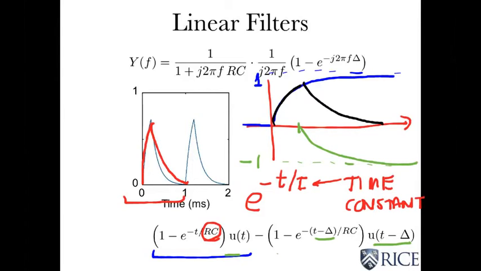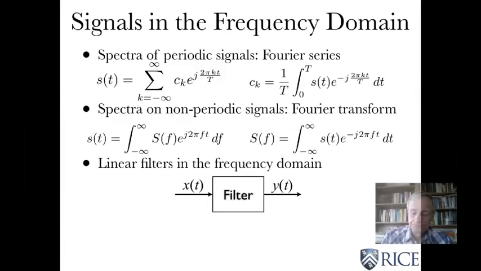Just a little fact, and so units of R times C, by the way, are time, which is kind of interesting. Okay, so this shows you how at least I calculate the output of a linear filter to any signal coming in. I find the Fourier transform of the signal, and then try to use the properties of the Fourier transform to figure out what's going on.